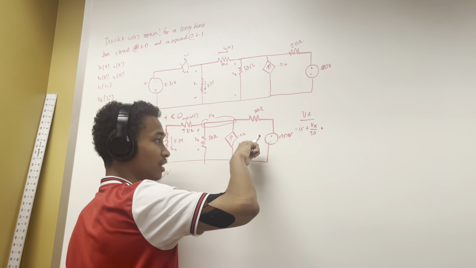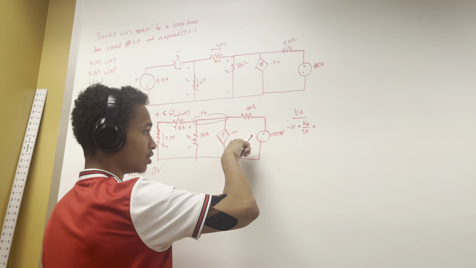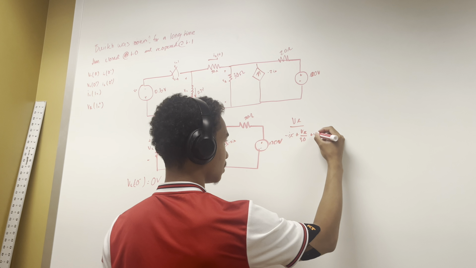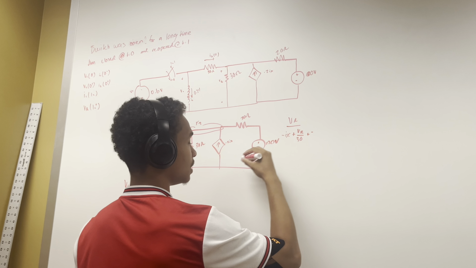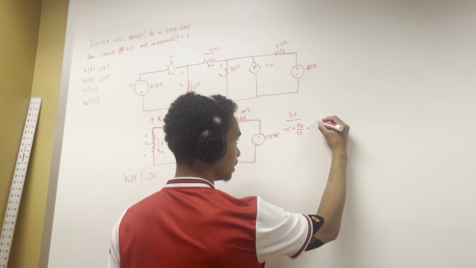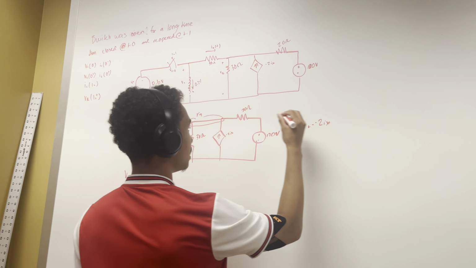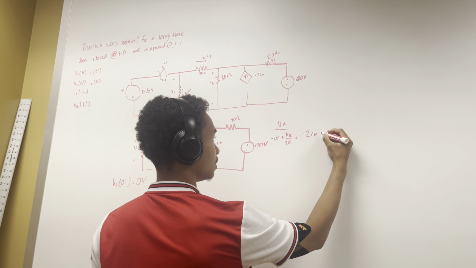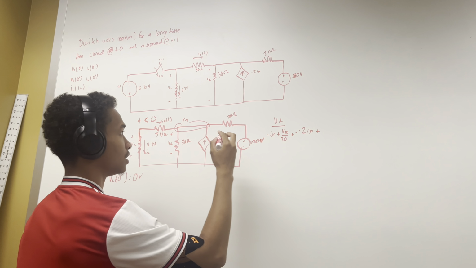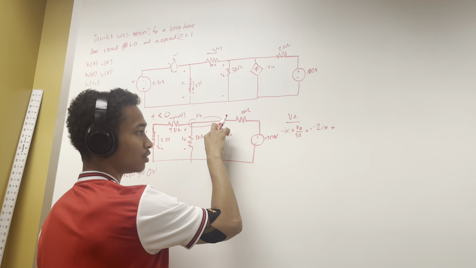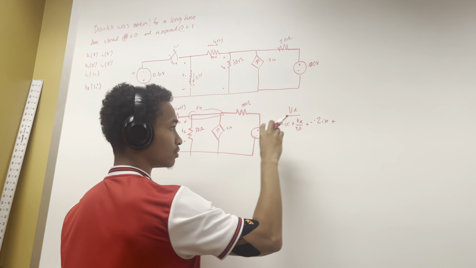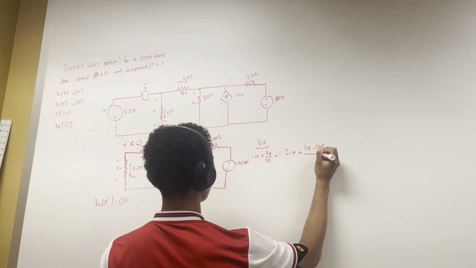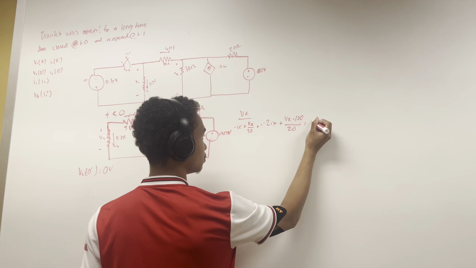Here, we are given a current as well, and since this current is going towards the node, we'll write a negative 2 IX. And then finally, the current across this last branch will be the voltage of the node minus the voltage on the branch over the resistance. So it'll be VR minus 120 volts over 20 ohms. And this all equals 0.